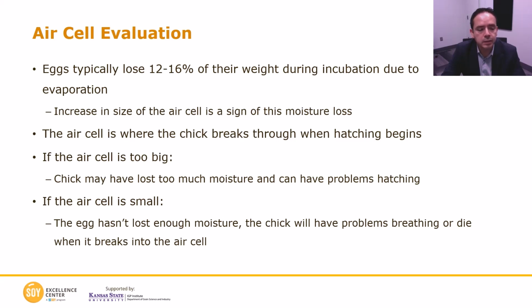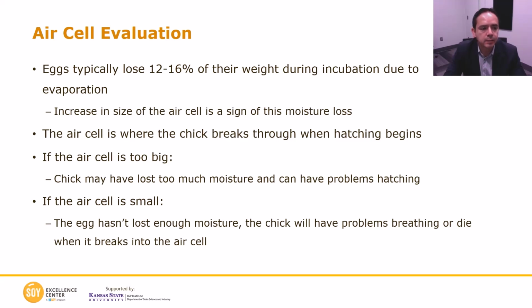If the air cell is too big, and here big is kind of an ambiguous word because you need to compare with your previous hatch. So it's going to be big compared to your previous hatch, or it's going to be smaller compared to your previous hatch, based on your egg sizes and the conditions of your incubator.